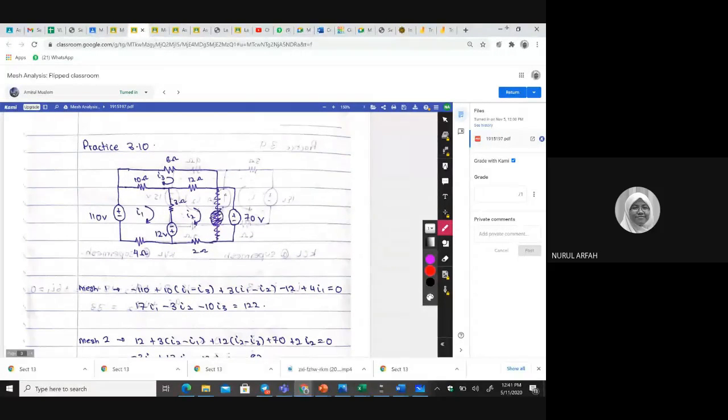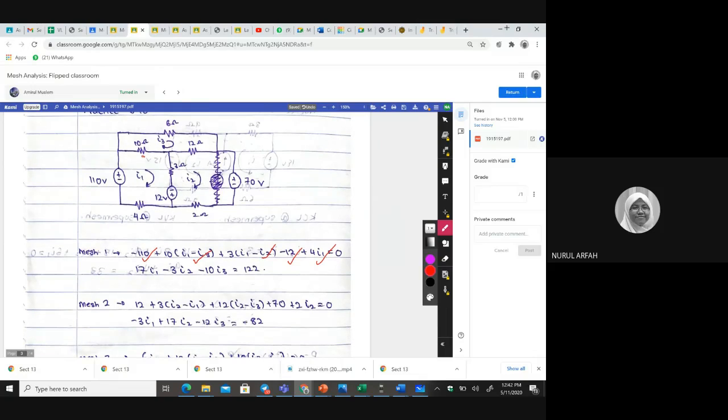So this one should be negative 10, and then this one 10 in between I3 and I1. So I1 minus I3, yes. And then 3, I1 minus I2, yes. Minus 12, yes. For I1, yes. And then the second loop, you should start from 12, 3, I2 minus I1 plus 12, I2 minus I1, and then 70, yes, and then 2, I2, yes, this is correct.